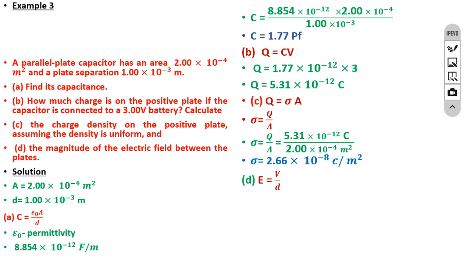We now pick this, substitute the values for V and D, simplify it, and you get the final answer. Look at the unit. The unit for the electric field strength is volts per meter. The unit is very important, so you have to also memorize it as well.